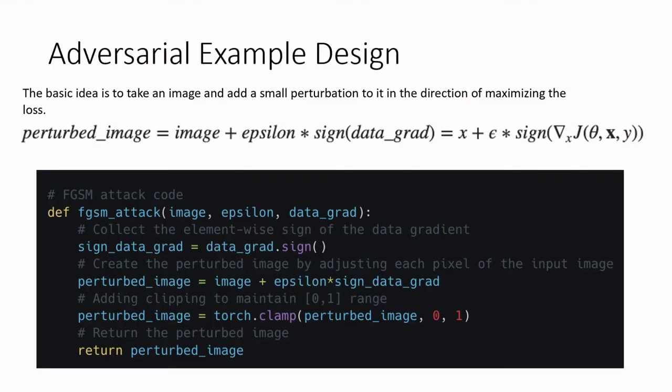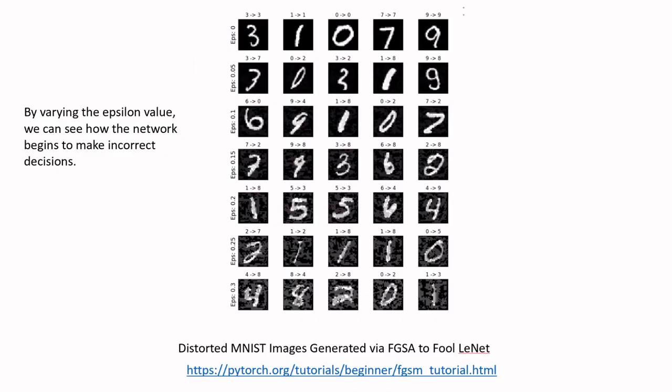Suppose we do this and we take the LeNet, which was designed for digit recognition, and we make some changes to the images that were used for training the LeNet. Of course, we want to see the effect of this epsilon value, because you are adding the gradient weighted by the epsilon value.